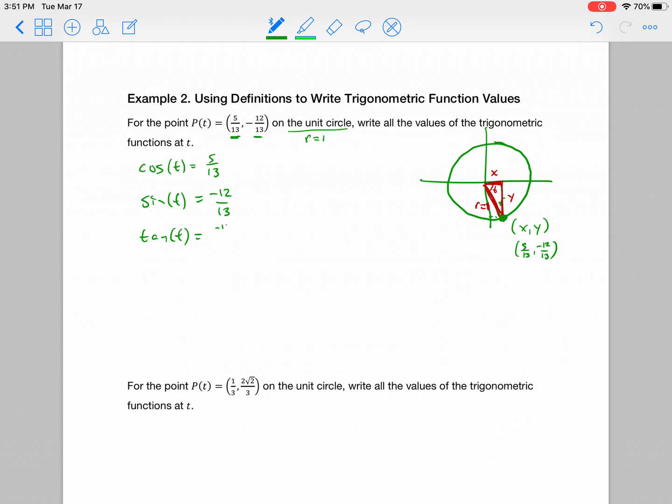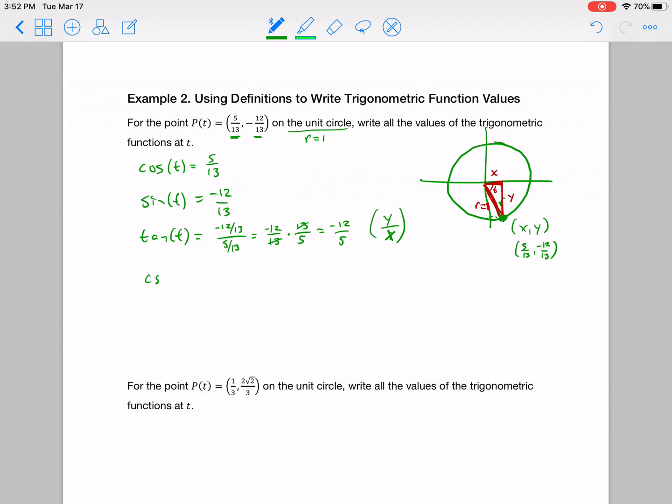This is -12/13, sorry, it's y over x over 5/13. So this is -12/13. Dividing by 5/13 is multiplying by the reciprocal. The 13s will cancel, and we'll be left with -12/5. So yeah, remember that. This is y over x. Sorry, the first time I wrote x over y.